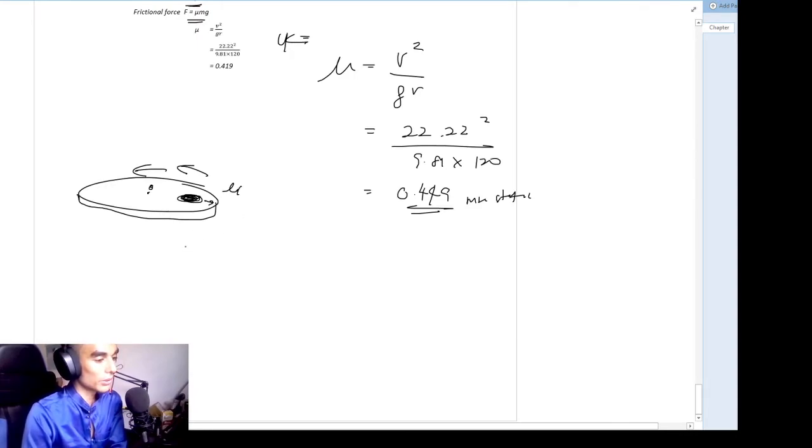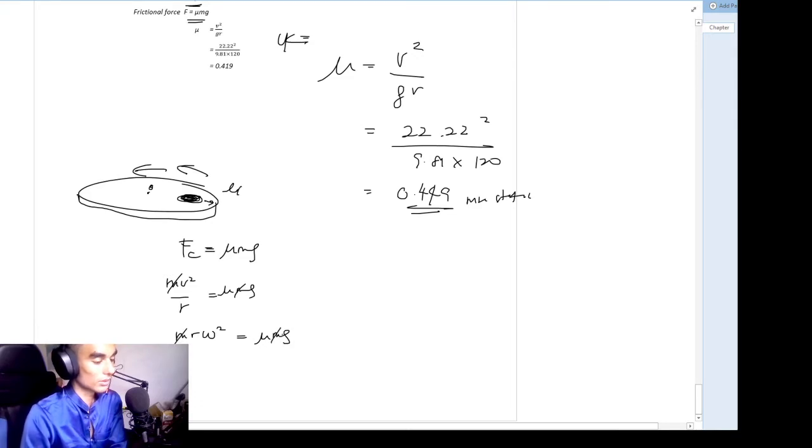So from there we know that Fc equals mu mg. So mv squared over r equals mu mg. So m cancels. Or we can use m r omega squared equals mu mg.